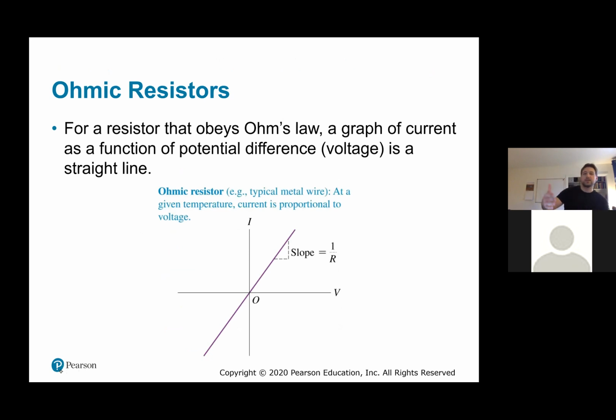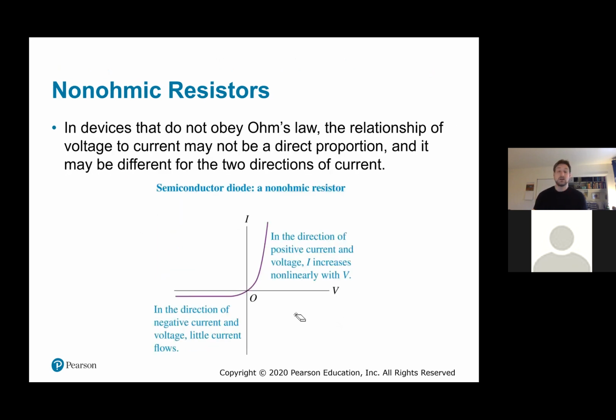For a circuit element that obeys Ohm's law, a graph of potential difference, voltage versus current, or current versus potential difference, whichever way you look at it, is a straight line. An element that does not obey Ohm's law is non-ohmic, and its graph is not a straight line.